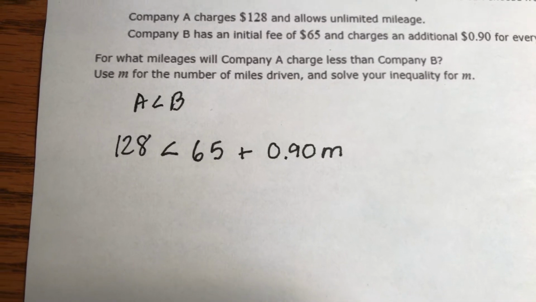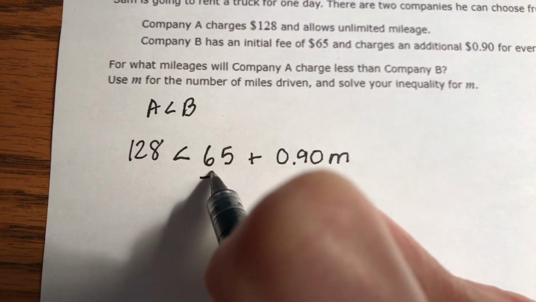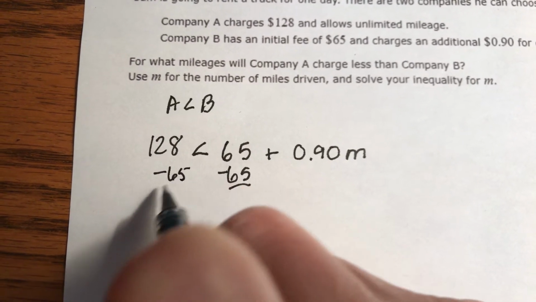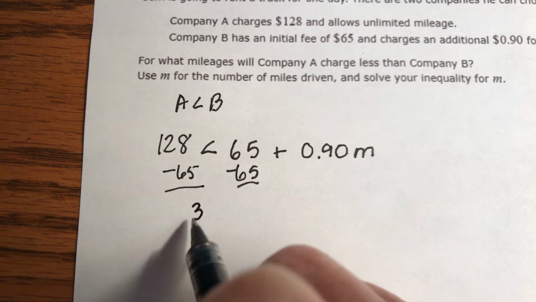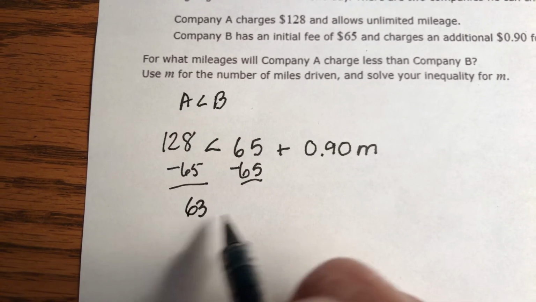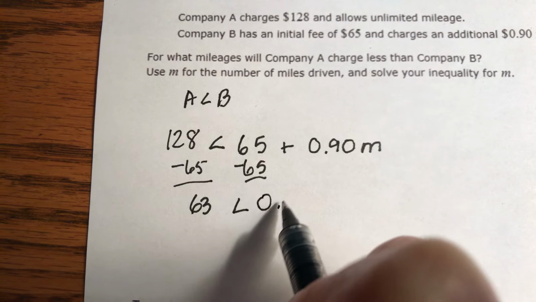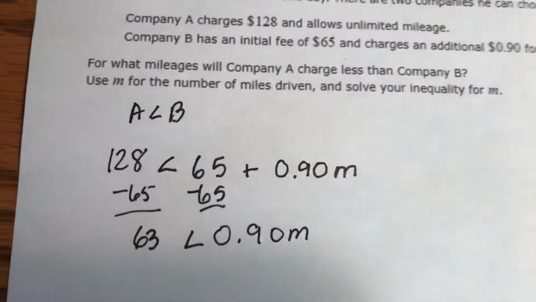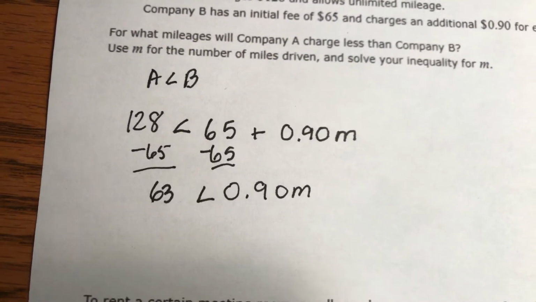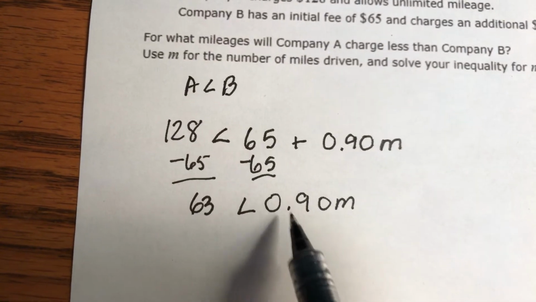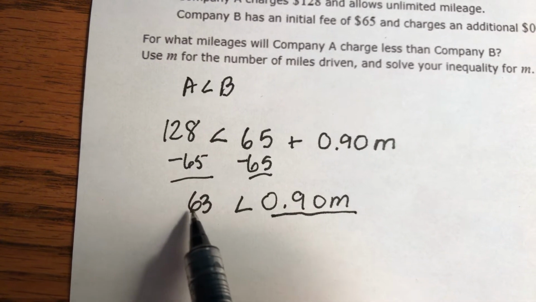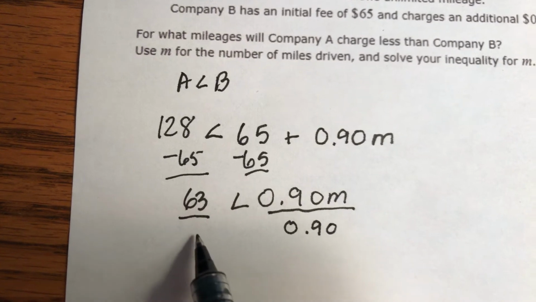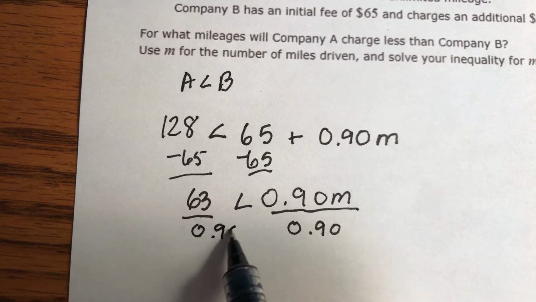All right, so we're going to solve the inequality. So we'll subtract 65 from both sides. So I get 63 is less than 0.90 M. Now remember, my goal is to solve for M. So we'll divide both sides by 0.90.